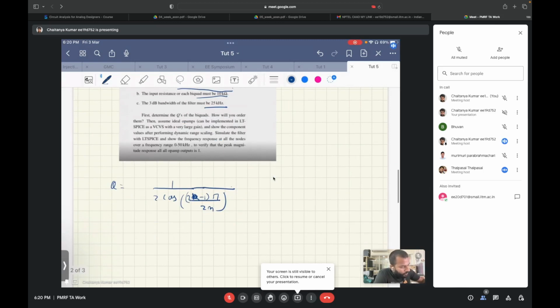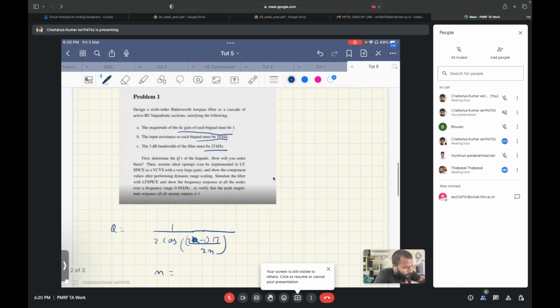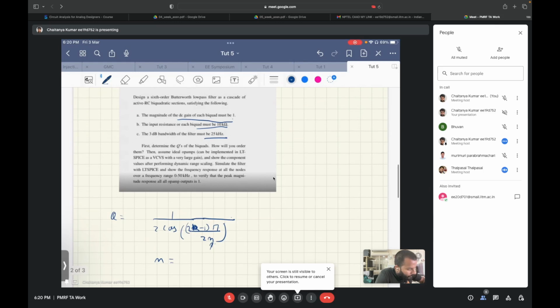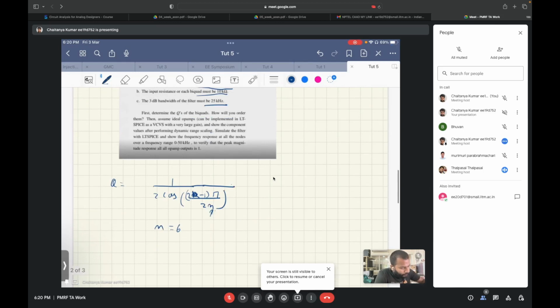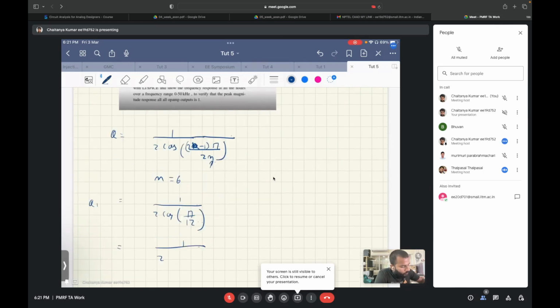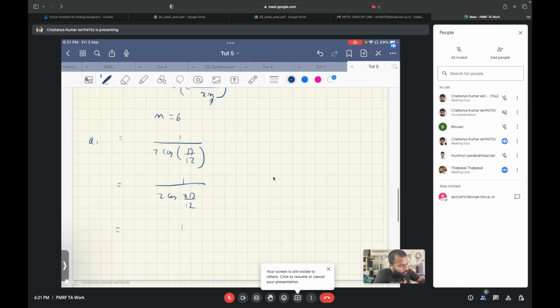Here n is 6, correct? Yes, sir. So one of the quality factors will be 1 upon 2 cos pi by 12, another will be 1 upon 2 cos 3 pi by 12, and the final one will be 1 upon 2 cos 5 pi by 12, correct?